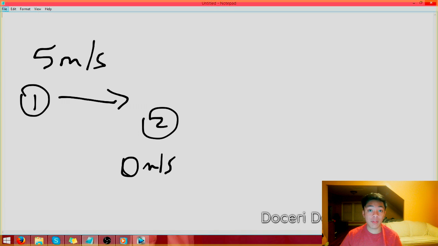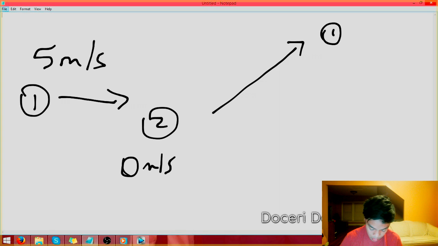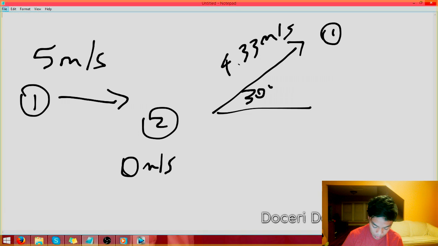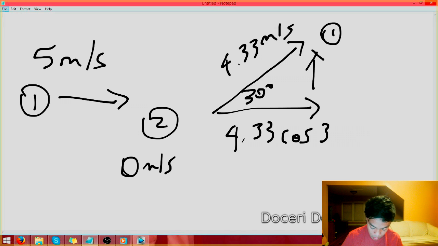For ball 1 after the collision, it's moving like this at 4.33 meters per second. It creates an angle of 30 degrees from the original line it would move without the collision. So we're going to split that up into its x and y components. For the x component, it would be 4.33 cosine 30 degrees, and for the y component, it would be 4.33 sine 30 degrees.